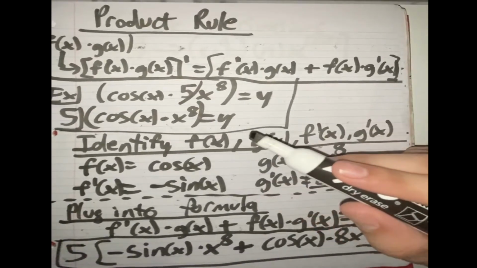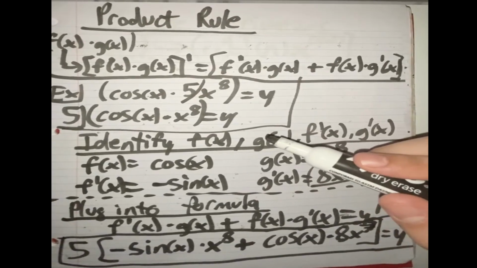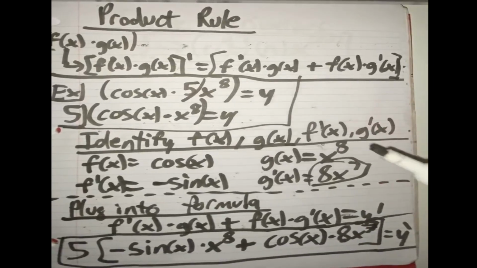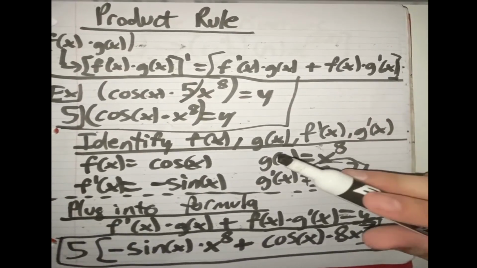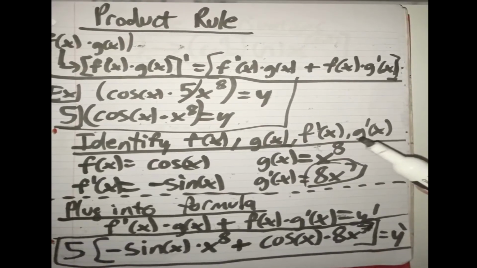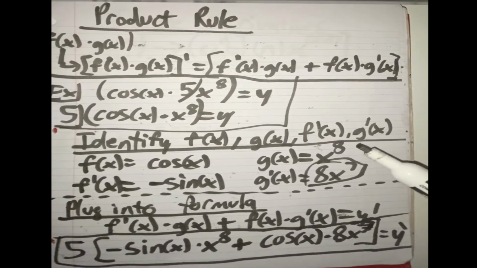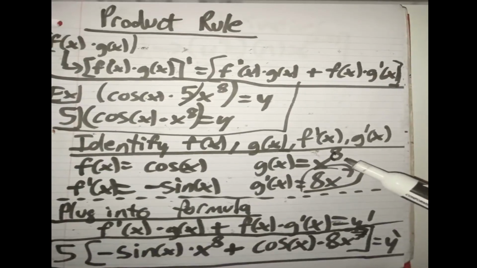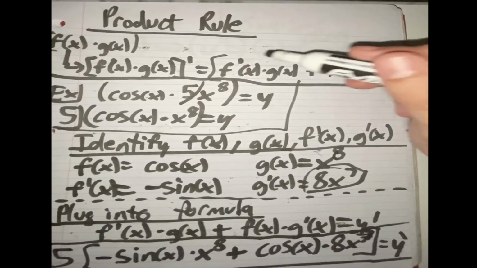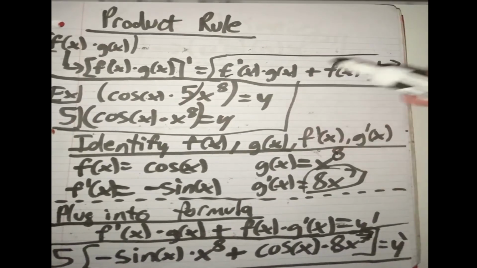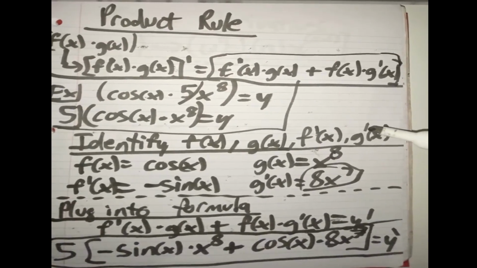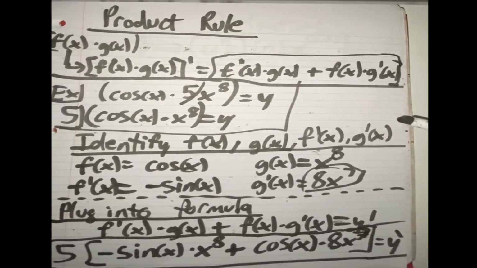So right here we have cosine of x times x raised to the 8th power. Then we identify our f of x and our g of x as our two functions being multiplied by each other. That cannot be simplified using basic algebraic arithmetic. And then we take the derivative of each so we can plug them into this formula right here, which is f prime of x times g of x plus f of x times g prime of x.